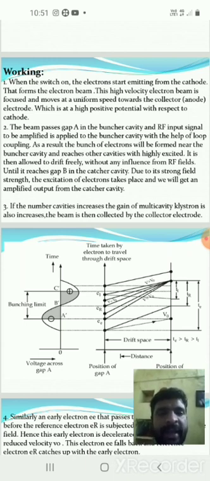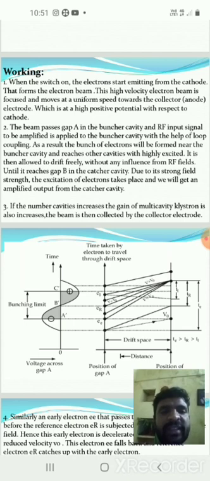That means when the switch is on, the electrons are emitted from the cathode or electron gun. These electrons have very high velocity, approximately the velocity of light, 3 into 10 to the power 8 meter per second.